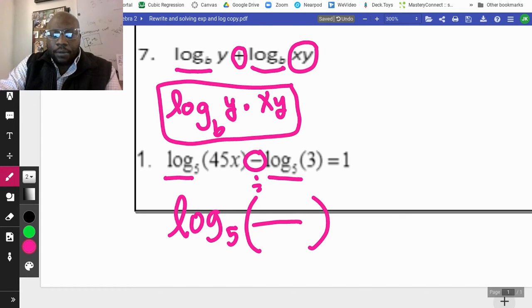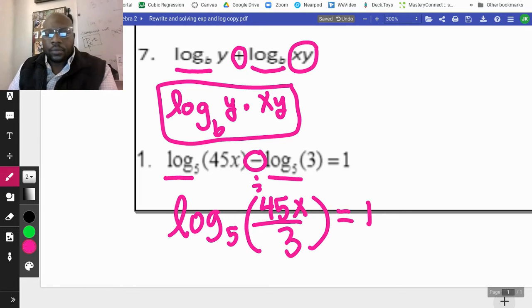So I have the 45 times x over the 3, which equals 1. I can set it up like this because they're in one log form.